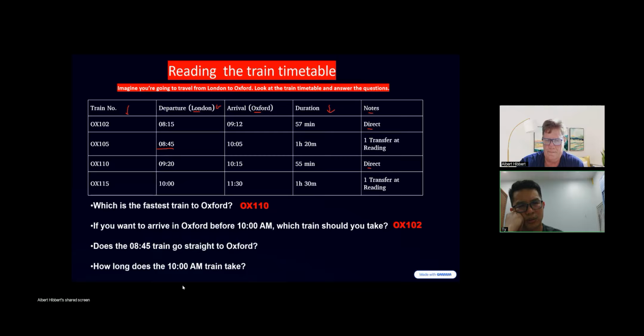Okay, so that train departing at 8:45 is not going straight to Oxford because there's one transfer at Reading. Okay.